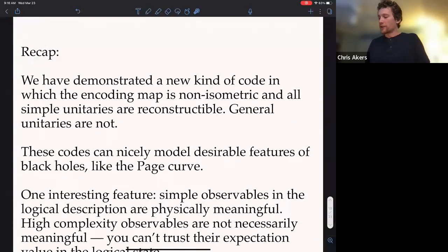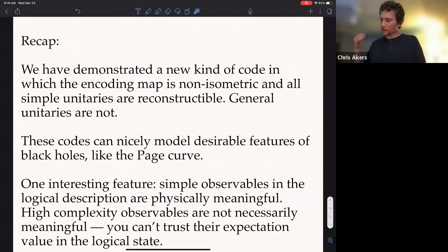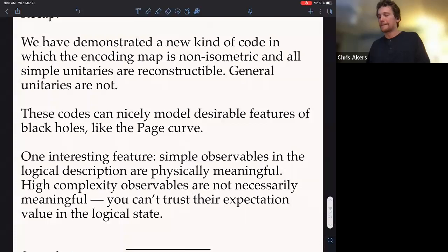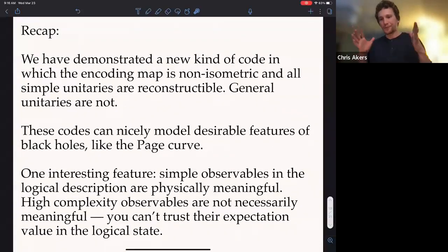And one interesting feature is that simple observables in the logical description are physically meaningful, and high complexity observables are not necessarily meaningful. So you can't trust their expectation value in the logical state. So those were the hard results that we showed at the end.